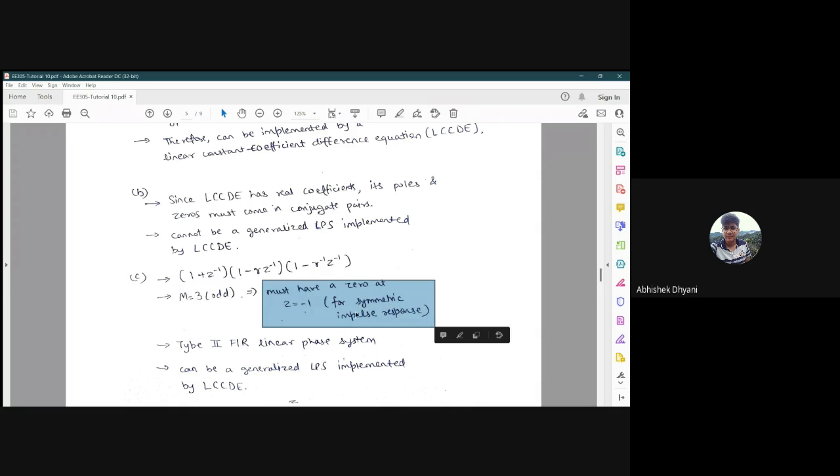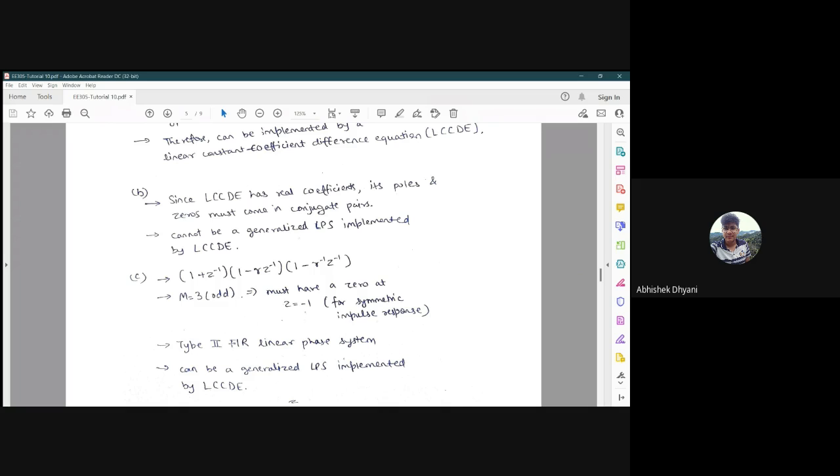This is for the case of type 1 or type 2. And since M is odd, that tells us that it is a type 2 FIR linear phase system, right? Because for type 2 and type 4 FIR systems, the value of M was odd. And since this also satisfies the fact that M being odd gives us a zero at z equal to minus 1, we know for sure that this is a type 2 FIR linear phase system.